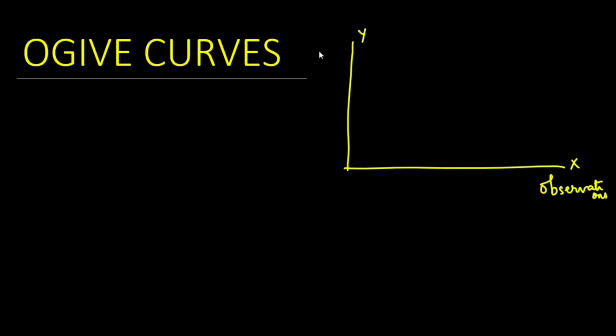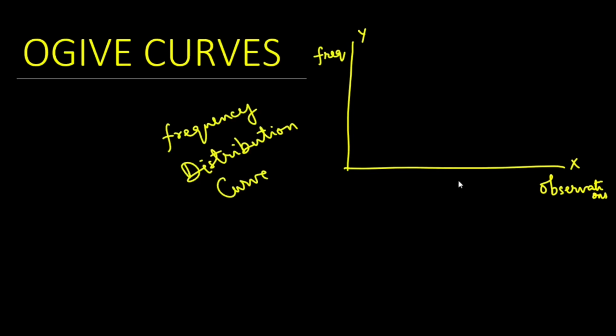In the frequency distribution curve, on x-axis we are taking observations and on y-axis we are taking frequency. Now I am drawing the frequency distribution curve, not the cumulative frequency distribution curve. Generally, the frequency distribution curve looks like this.